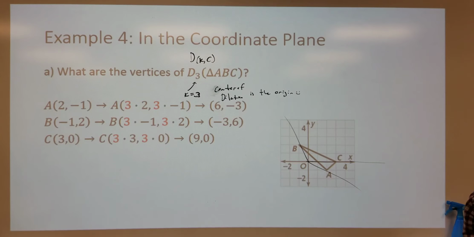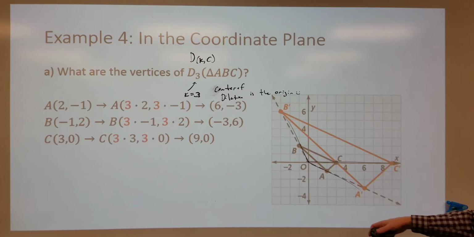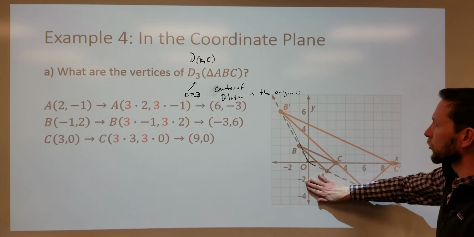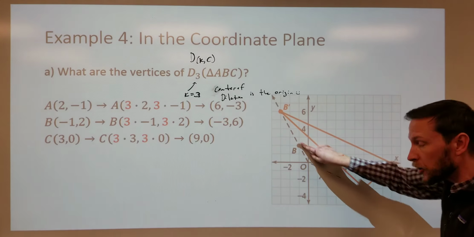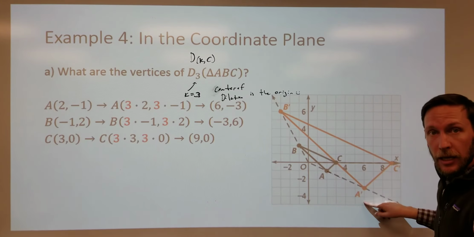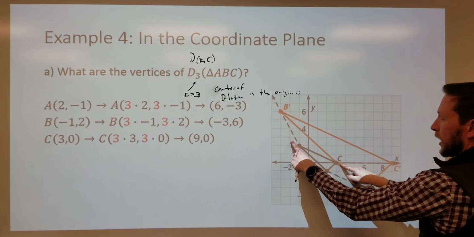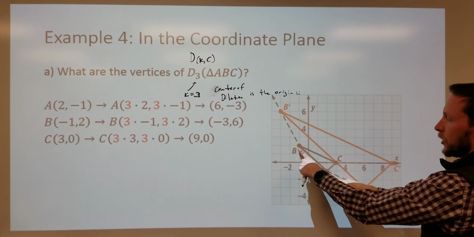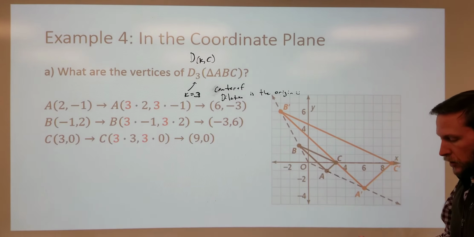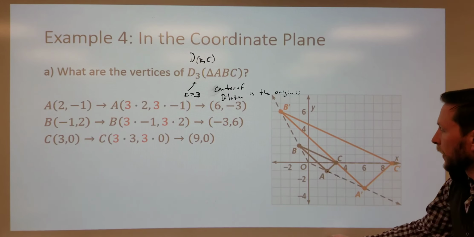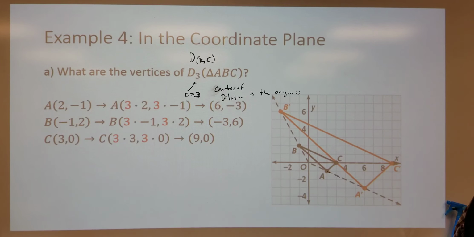If we have that new set of points, then we can plot those dots accordingly. I drew my lines pretty well. We can plot those points accordingly, and that gives us our new image that is having sides 3 times as long as the originals, parallel to the originals, and centered around our origin.